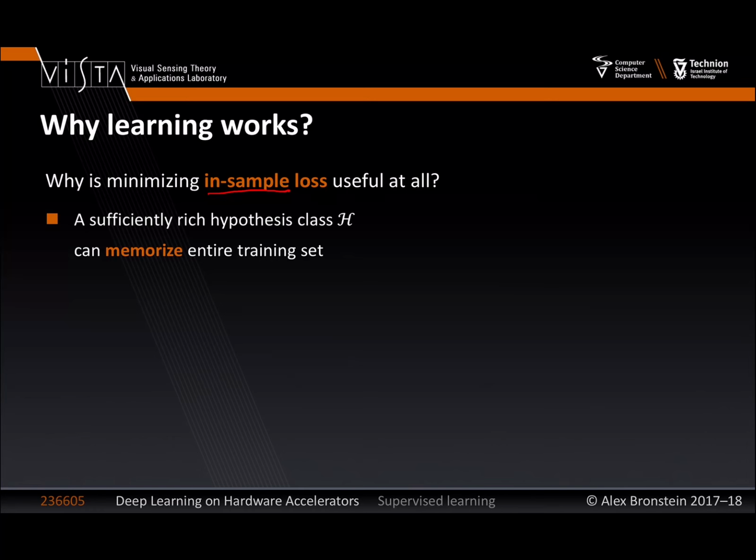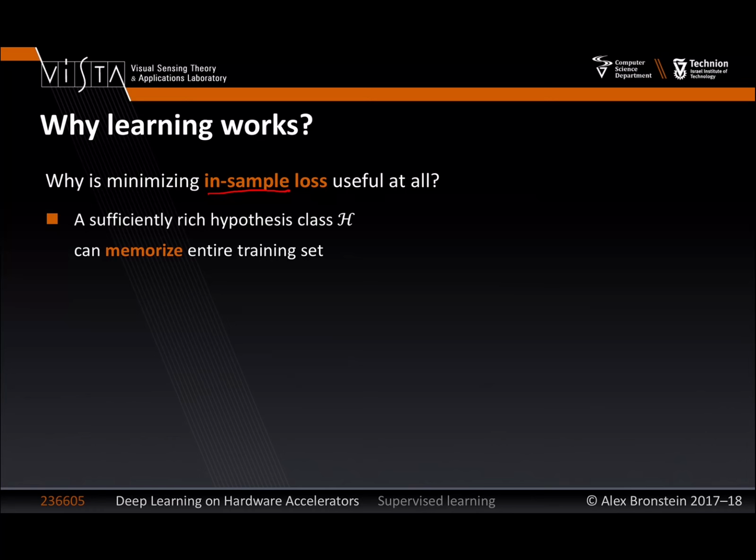It depends a lot on the hypothesis class, right? I can construct a very rich hypothesis class, let's say one that looks like a lookup table, into which I'm going to put all my training set. So whenever I encounter an instance that looks exactly like an instance in my training set, I'm going to return the label that I memorized.